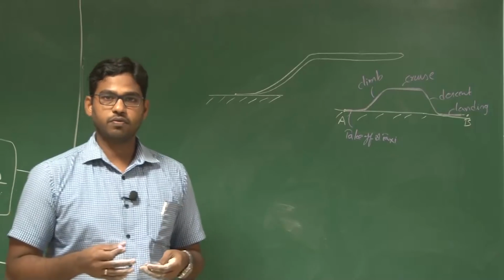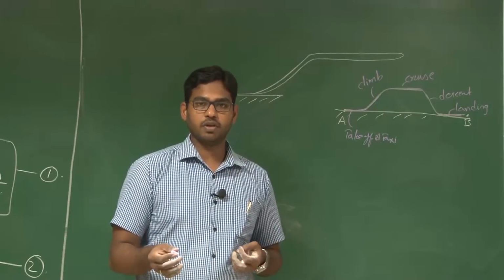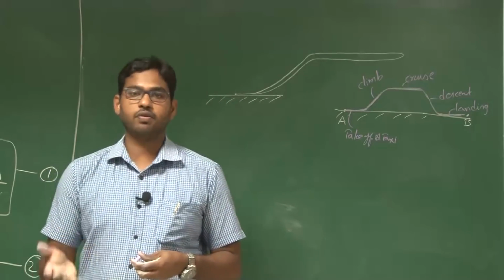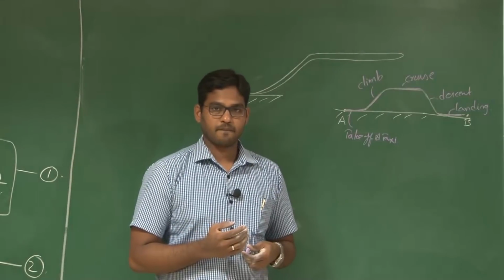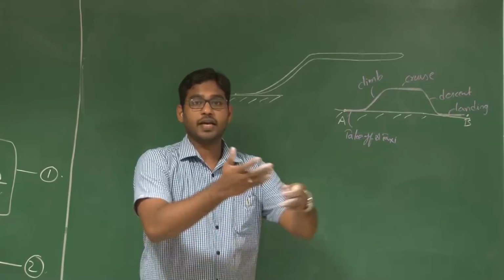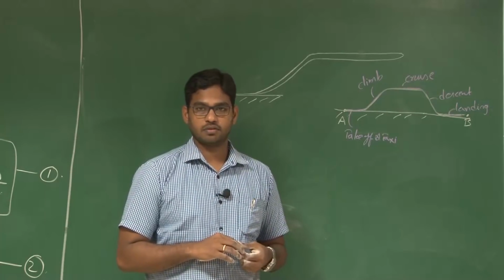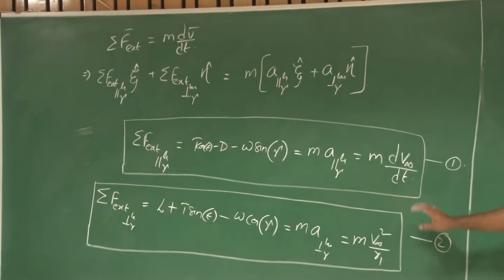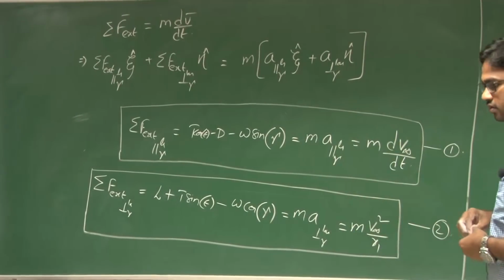For given mission requirements, if I want to build a UAV, what should be the weight breakup, or what should be the overall takeoff weight? How do you estimate it? And finally, how do you design the wing of this UAV? Right? So the answer comes from these equations. So these two equations are going to help us to address all these questions.